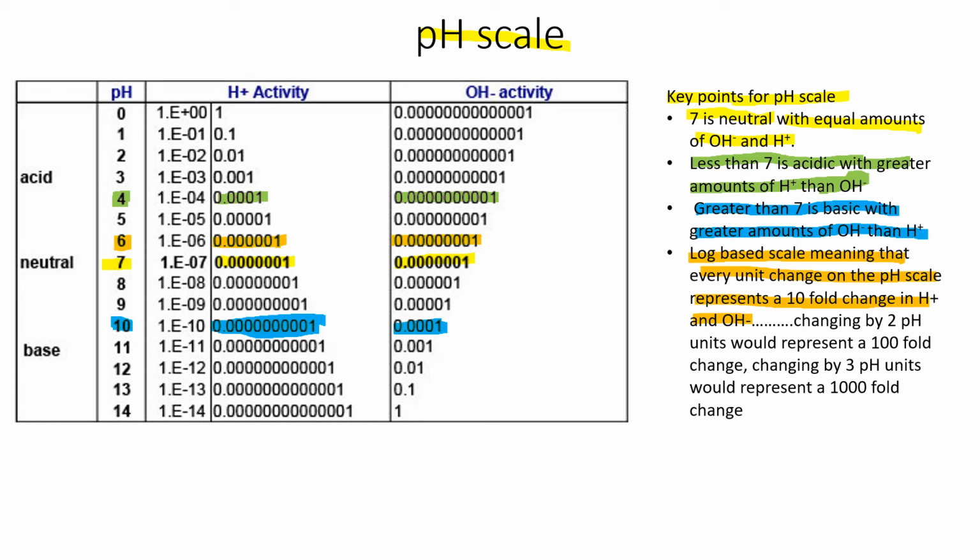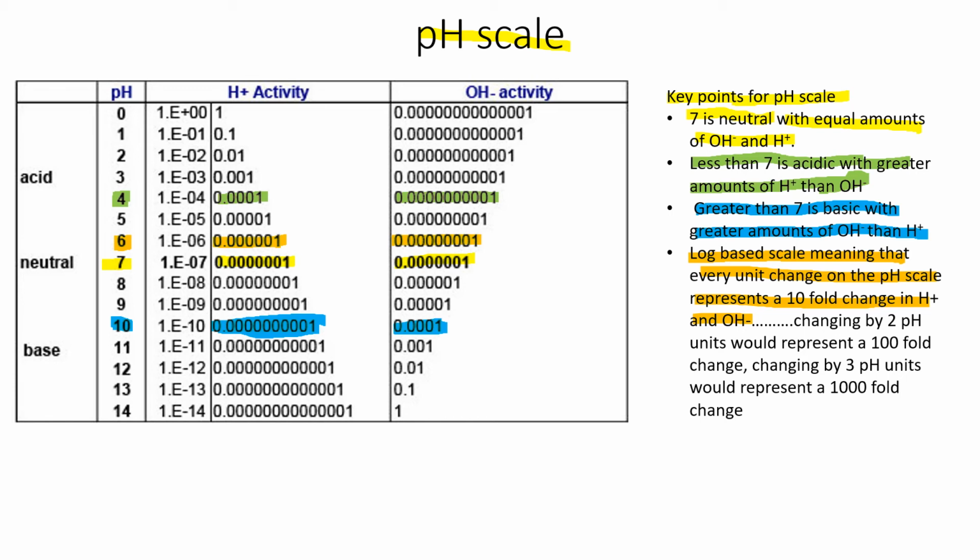So things change by a factor of 10. Every pH unit changes things by 10. If you're going to lower pH units, that would be 10 times more acidic, 10 times less basic. If you're going to higher pH units, then you're going to be 10 times more basic, 10 times more OH minus, 10 times less acidic, H plus.